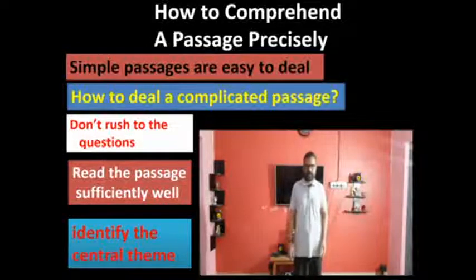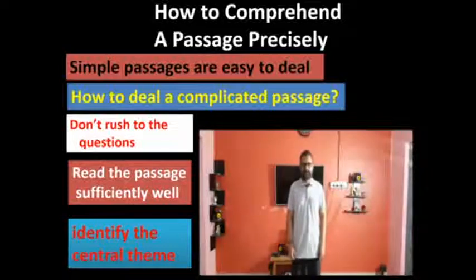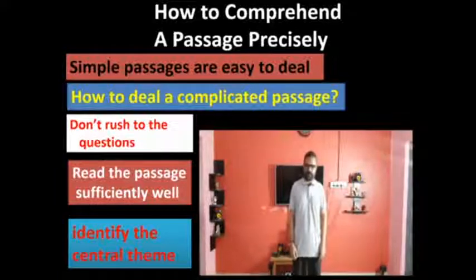So in this case, we should read the passage at least 2 to 3 times, 3 times maybe a bit longer. It's a laborious task, because it's also a question of losing time. So better, you read it 2 times.